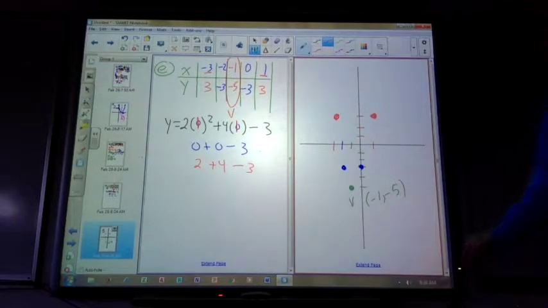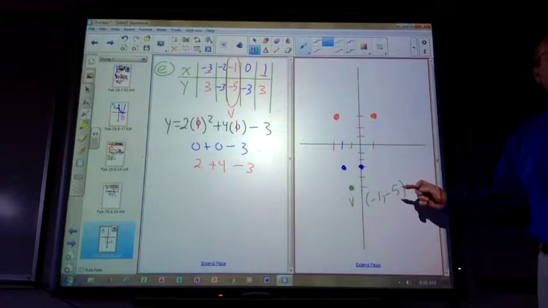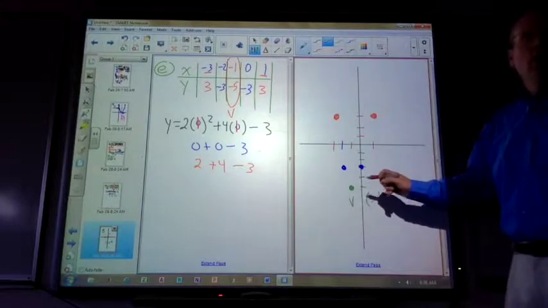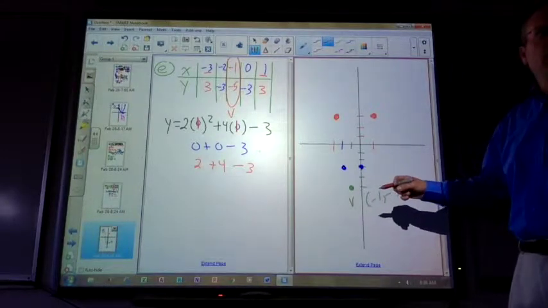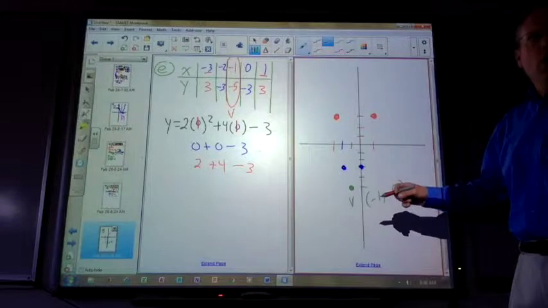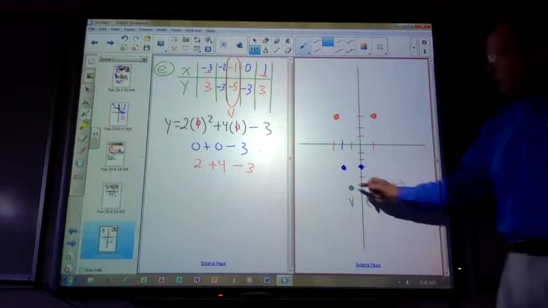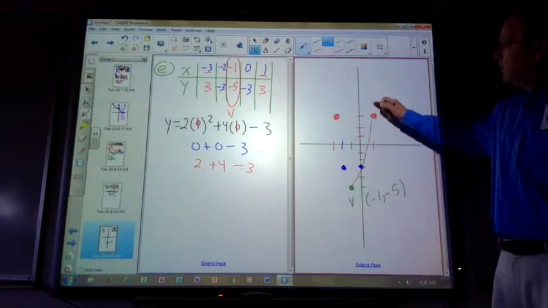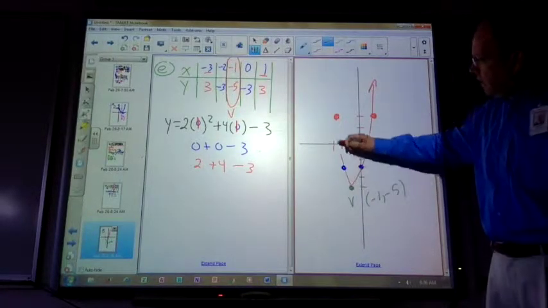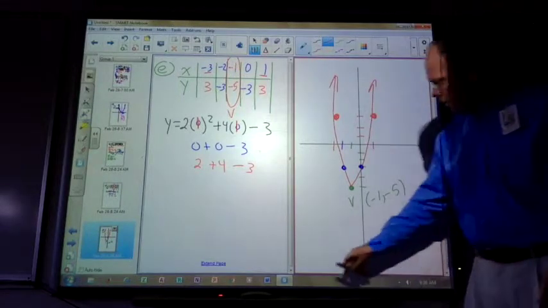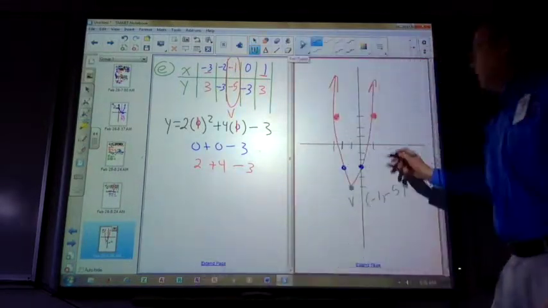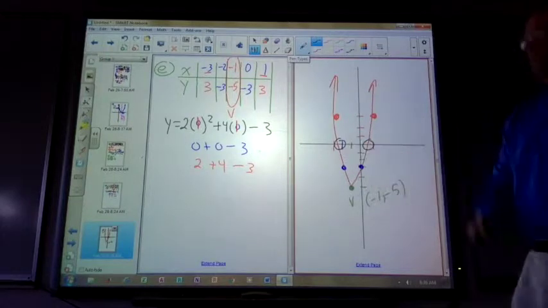All right. Did we have any roots that we could find? No. But we said it crosses the x-axis twice. Agree? If I connect my dots, do I know exactly where this is and where this is?